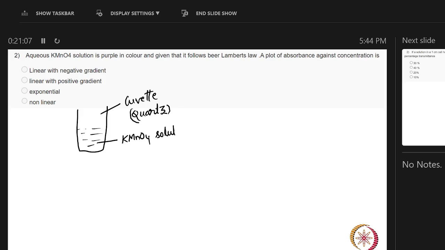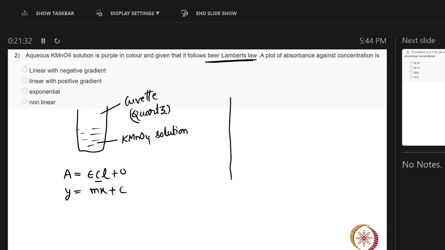KMnO4 solution. And whenever it follows the Beer-Lambert law, the absorbance can be given by epsilon C L. So if you want to plot using this equation, y equals m x plus c, near 0, we plot against concentration.